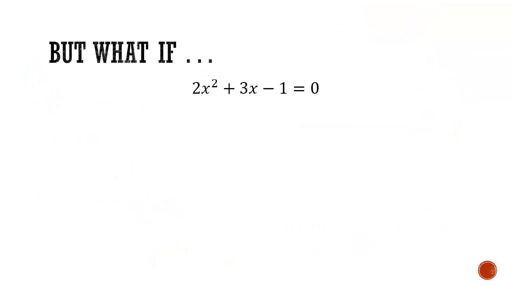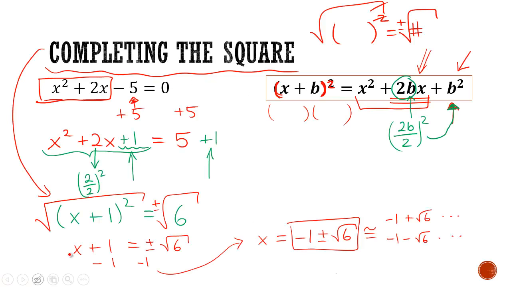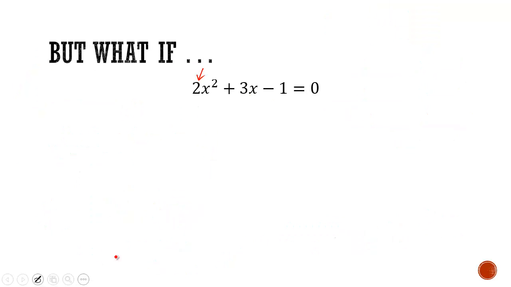But what if it's not so perfect? Here we've got a leading coefficient of 2. Well, in the previous case we didn't have a 2 there, right? We had a nice 1 here. It was so nice and simple. So we always want this to be a 1. So how do we make it a 1?